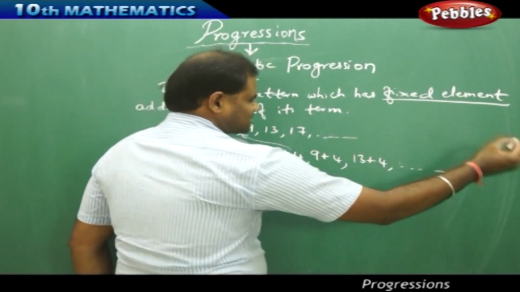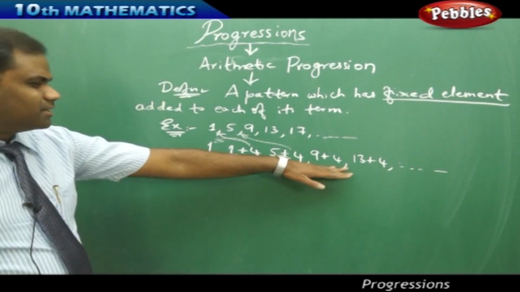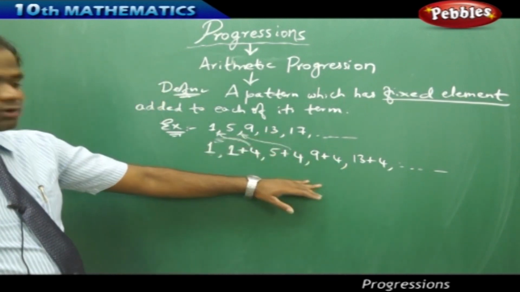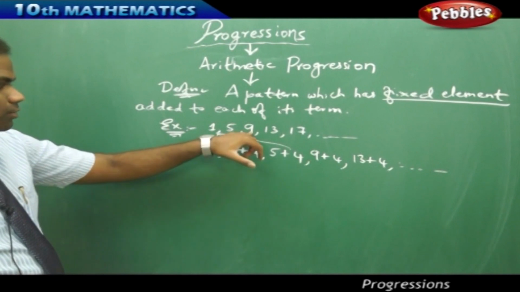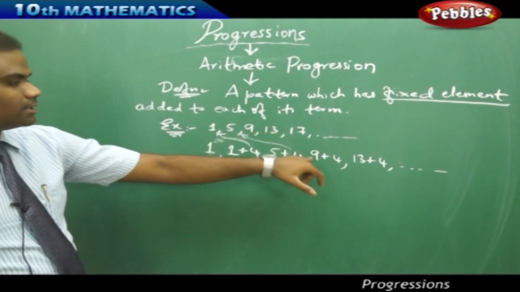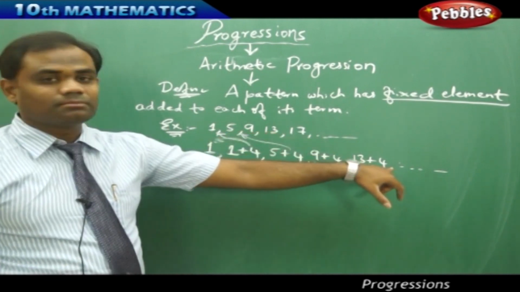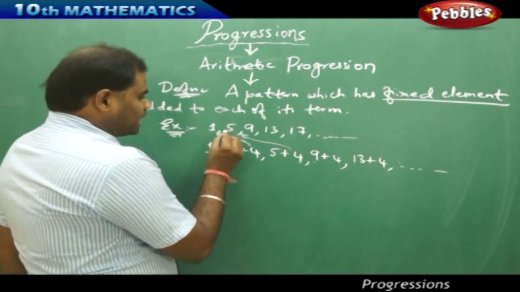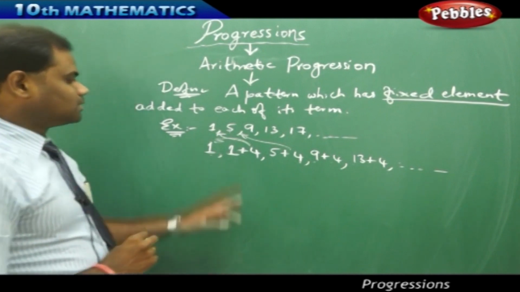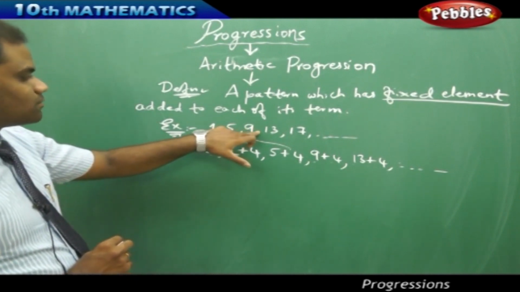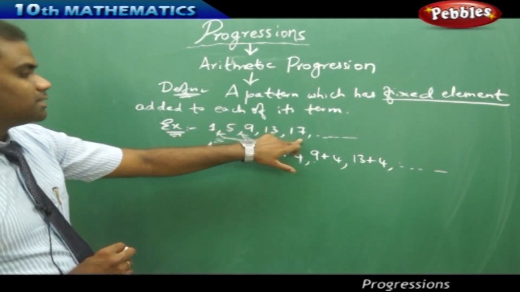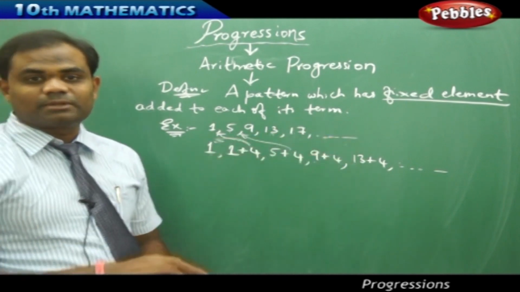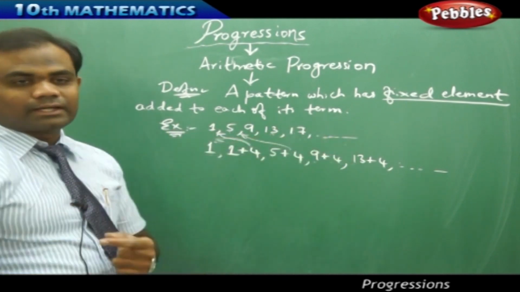17, etc. That means, as I see here, this is reduced to this form, where 5 is written as 1 plus 4, 9 is written as 5 plus 4, 13 as 9 plus 4, 17 as 13 plus 4, which makes me understand that every element is obtained by adding 4 to the previous term. 5 plus 4 gives 9, 9 plus 4 gives 13, 13 plus 4 gives 17, 17 plus 4 gives 21, 21 plus 4 gives 25, is how we get.